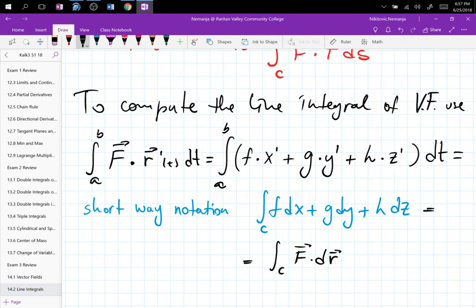So the magnitude goes with that transformation. The two-dimensional case would just have no H and z. Everything else is the same.